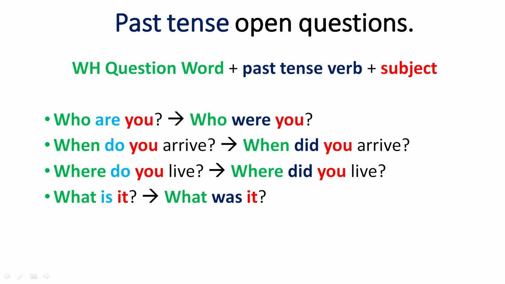Where is the WH question word, did is the past tense verb, and you is the subject. What is it becomes what was it. What is the WH question word, was is the past tense verb, and it is the subject.